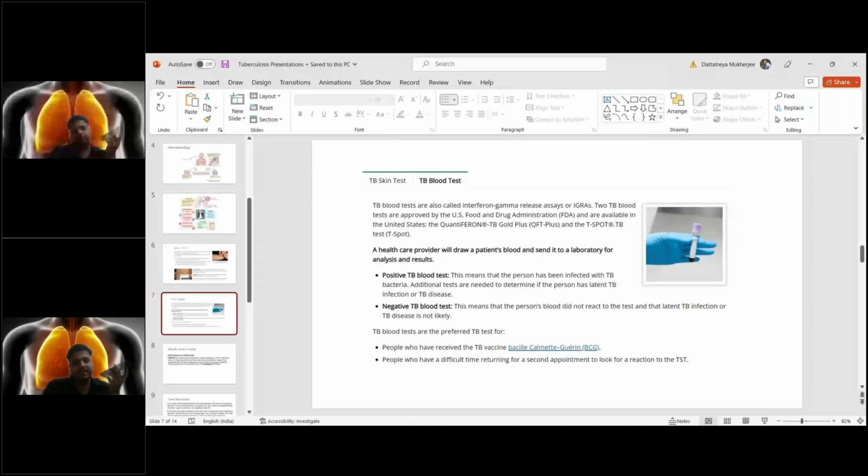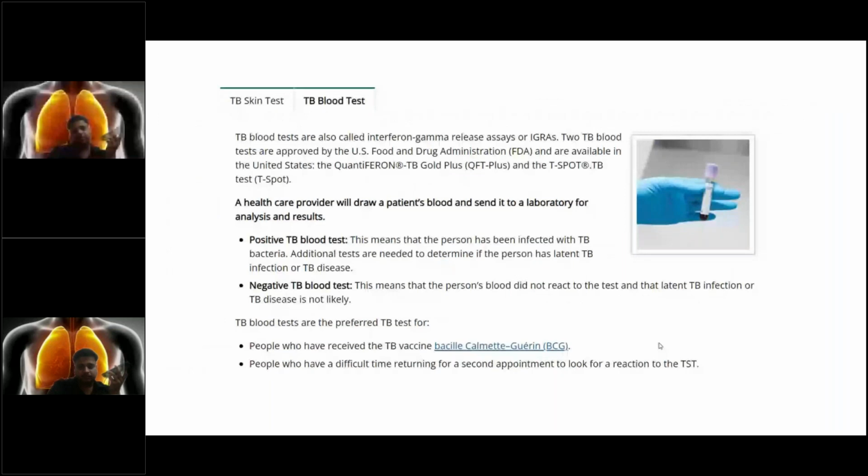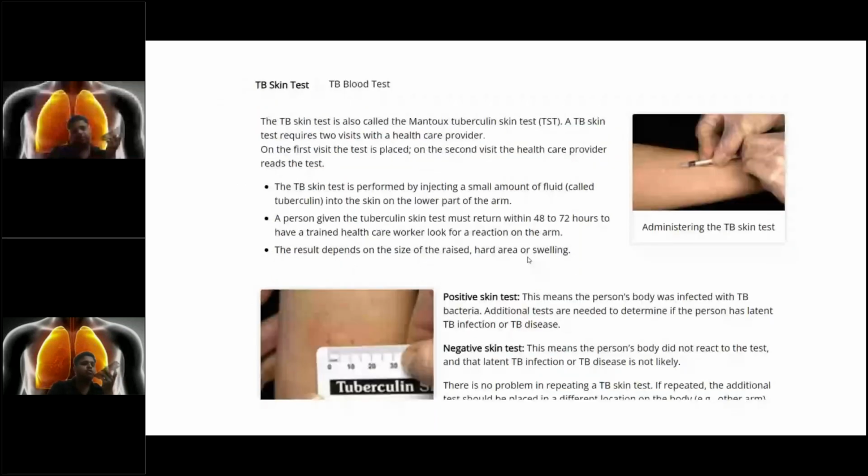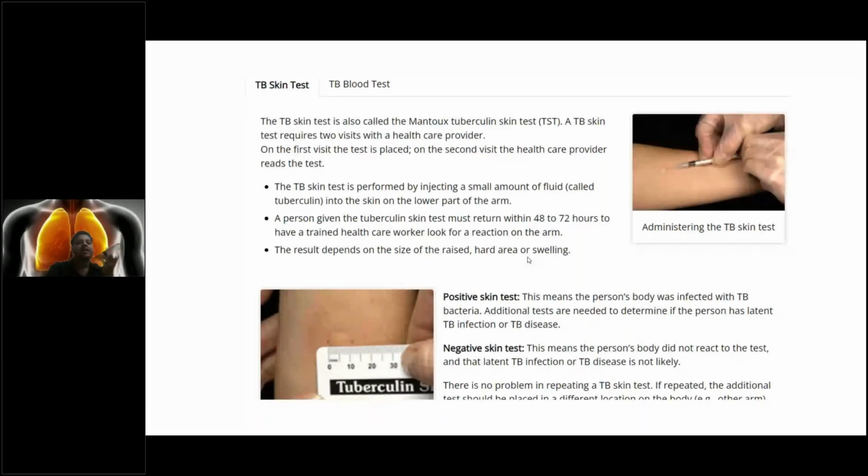So the TB skin test for TB is also called the Mantoux test, or the tuberculin test. It's a very non-specific test, because in India we all have TB in the latent phase, as India is a hub of tuberculosis.